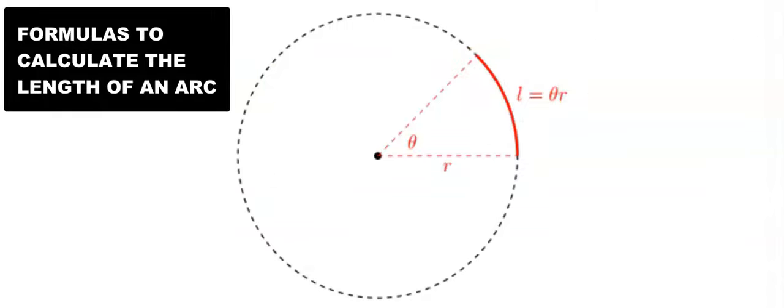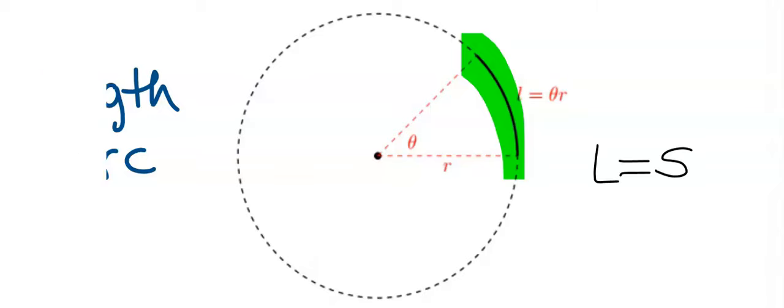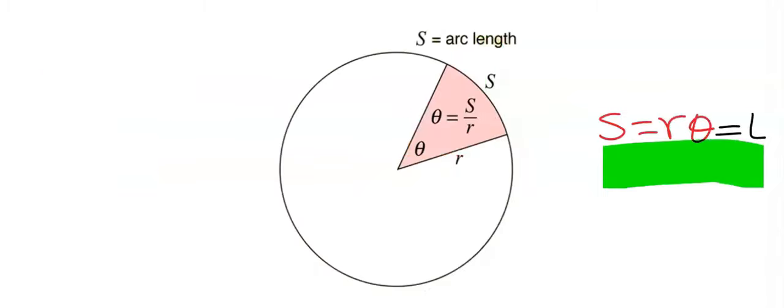Next, we can calculate the length of the curved line, which is simply the length of the circular arc. At times, instead of using L to represent the length, you can equally use S. But here, theta is in radian.